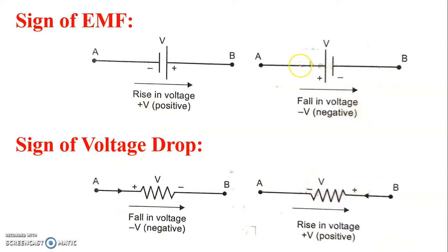If you are assuming the current flows from positive to negative, then that is a fall in voltage, denoted by the negative symbol.